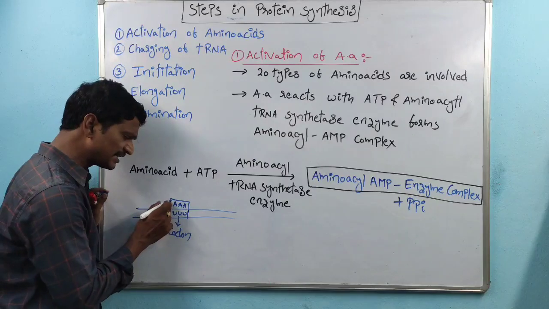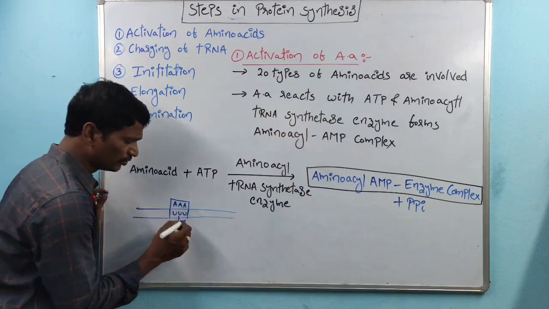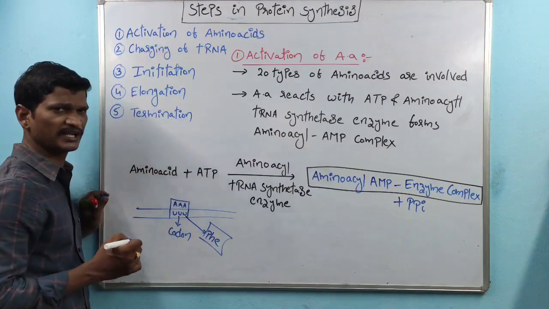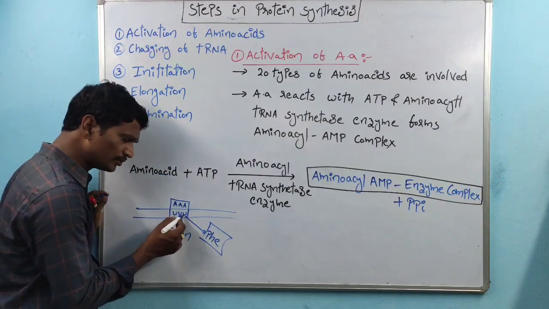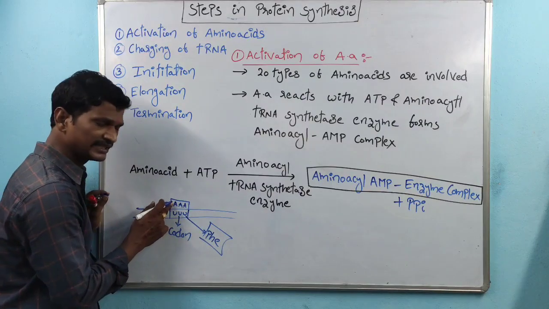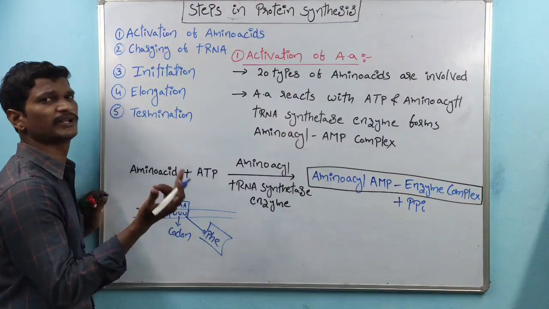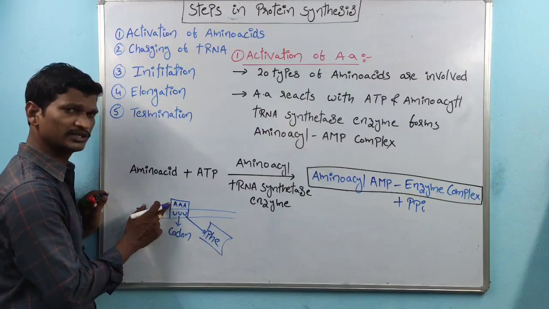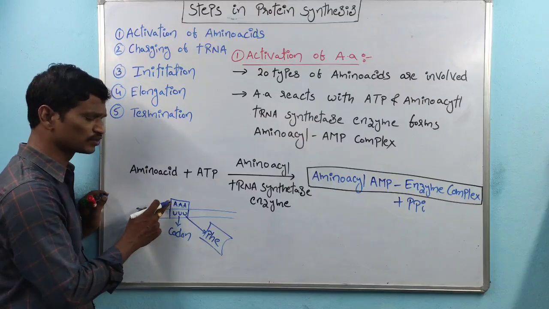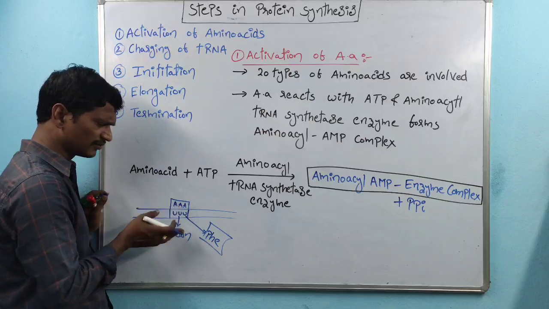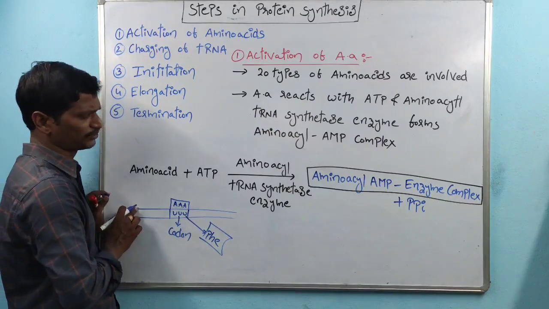This is the anticodon A. We know UUU codes for phenylalanine. The codon UUU codes for phenylalanine, and the anticodon A corresponds to phenylalanine. Codon, phenylalanine; anticodon here, A. This codes for the specific amino acid phenylalanine. Right? So that is the difference between the codon and the anticodon.